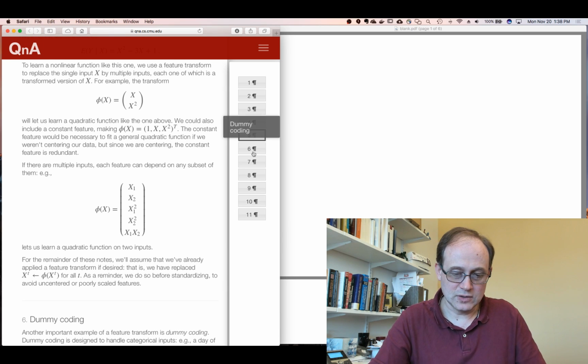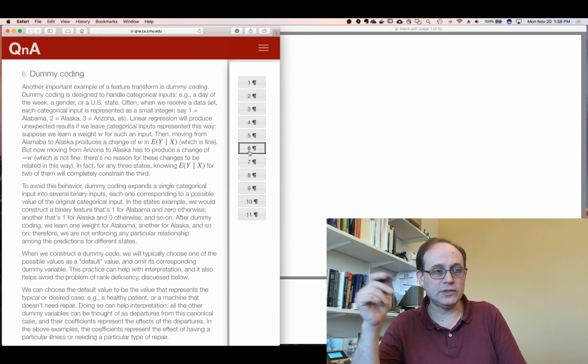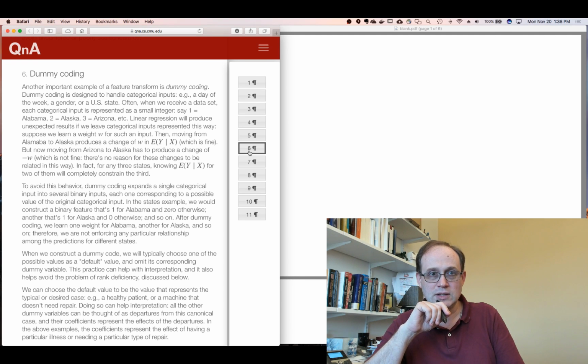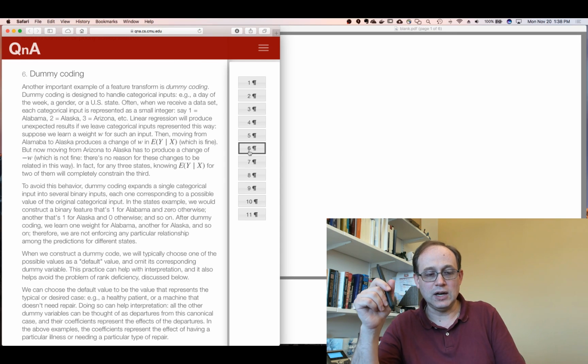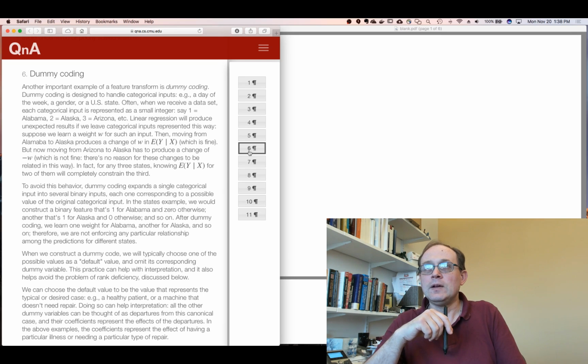All right, so another useful feature transform that we could talk about is dummy coding. So dummy coding is good for categorical inputs. A typical example would be like a state in the US. So you could encode a state as an integer from 1 to 50, but if you did that, something weird would happen.